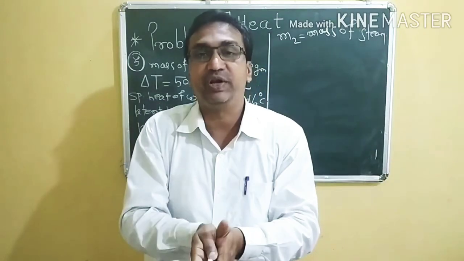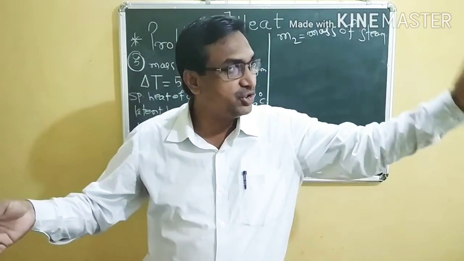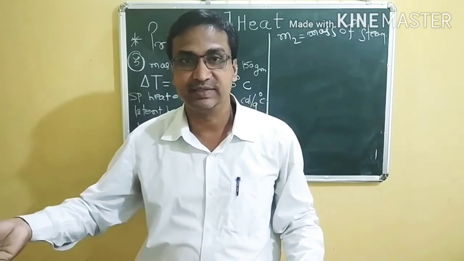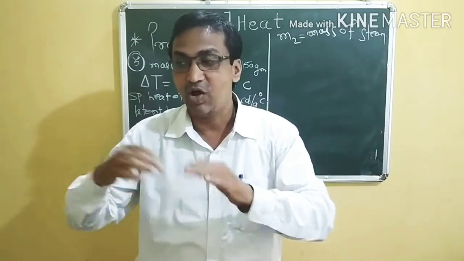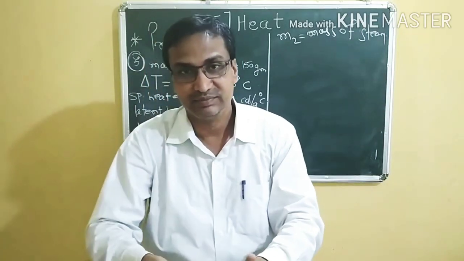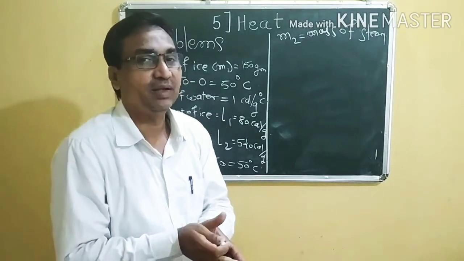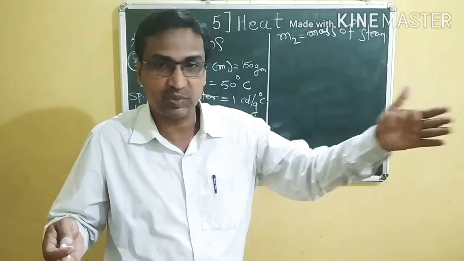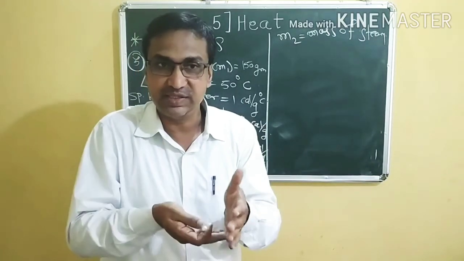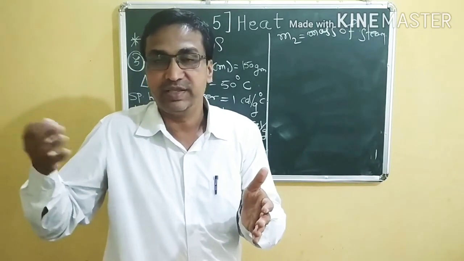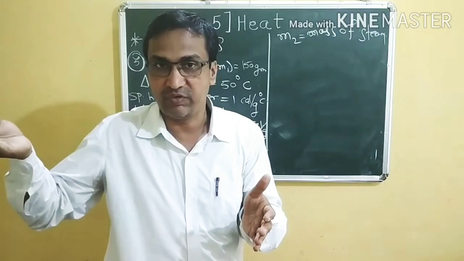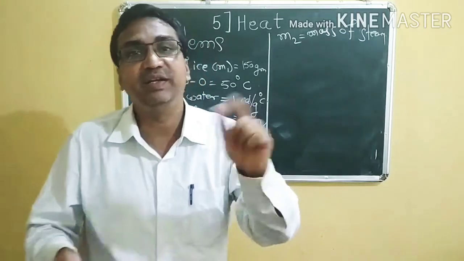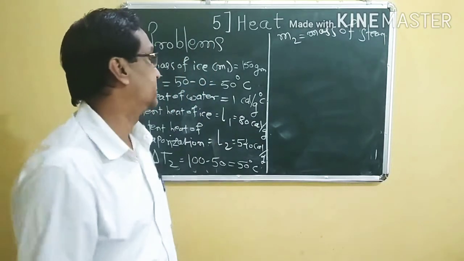Mixing these two quantities of different temperatures, how much steam is needed to convert this into water? Condensation takes place in the presence of ice. Condensation of steam, water vapor, converts it into water, and this water has a temperature of 50 degrees Celsius.